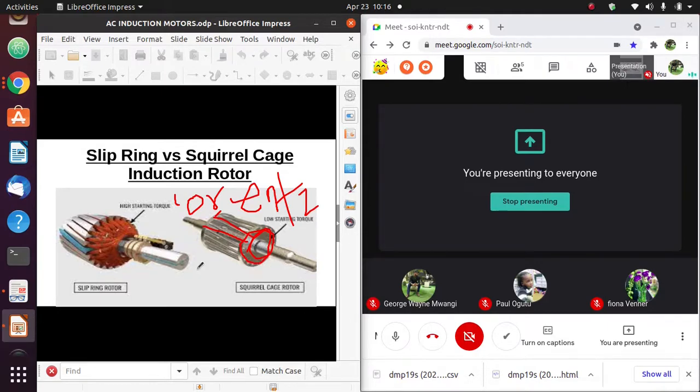The reason why this three-phase induction motor is self-starting is the phases. Remember that the three phases are 120 degrees electrical out of phase with each other. If this is our phase A, then this is our phase B, then this will be our phase C. They are out of phase with each other.